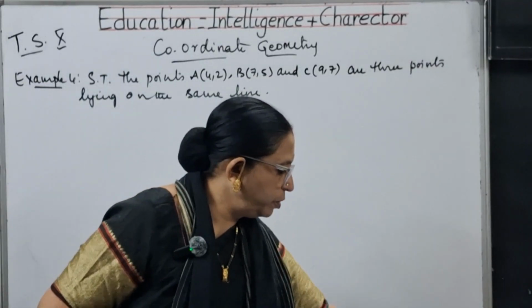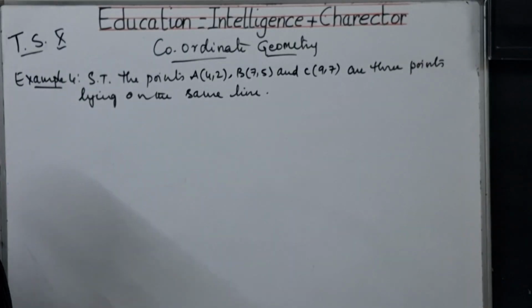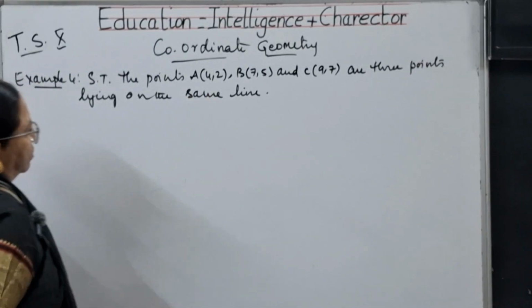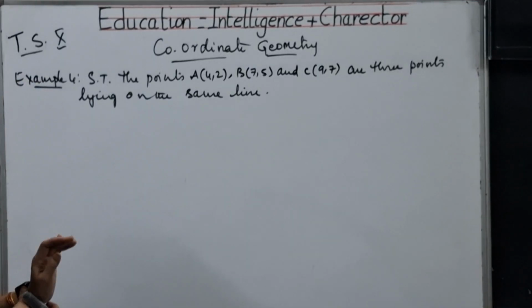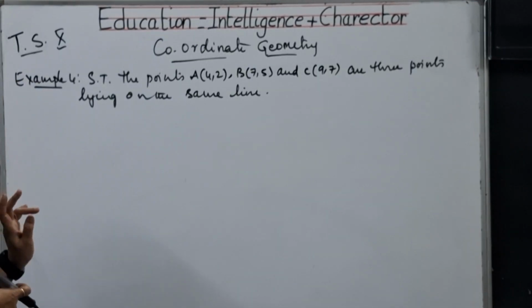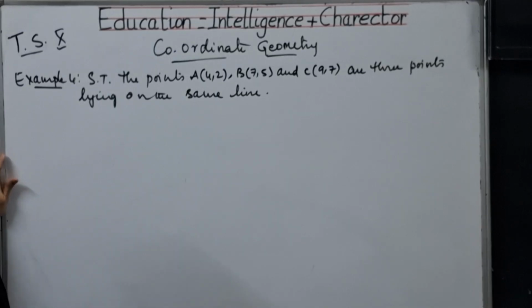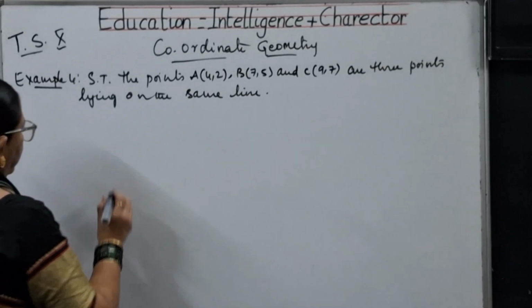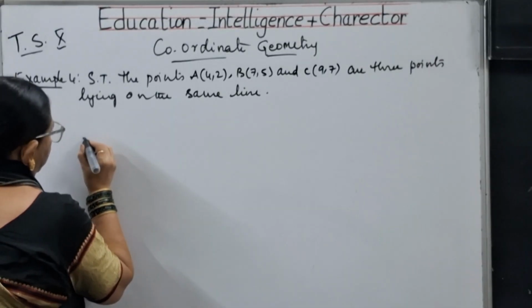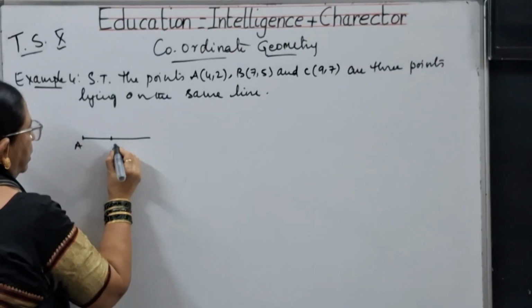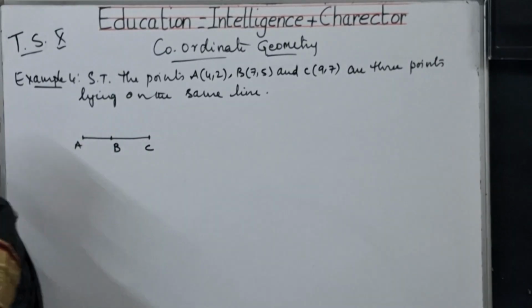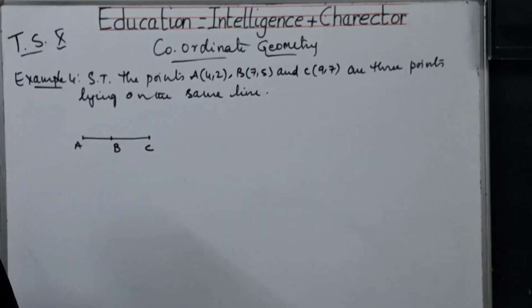Now example 4. Example 4 is, show that the points A(4, 2), B(7, 5), C(9, 7) are 3 points lying on the same line. That means what, children? If you take one straight line in this way, A, B and C are lying on the same line, you have to say.